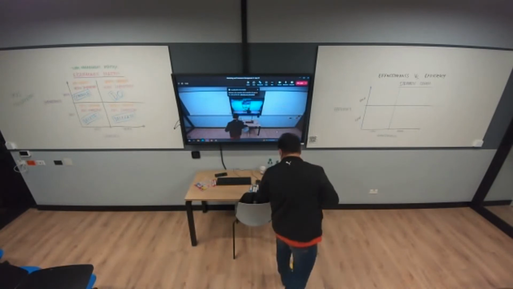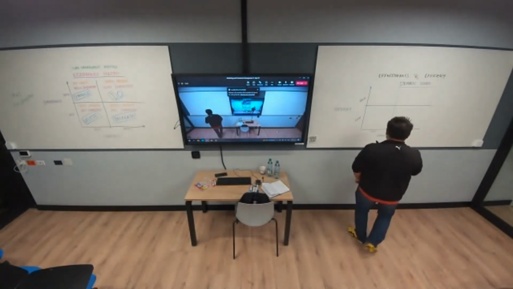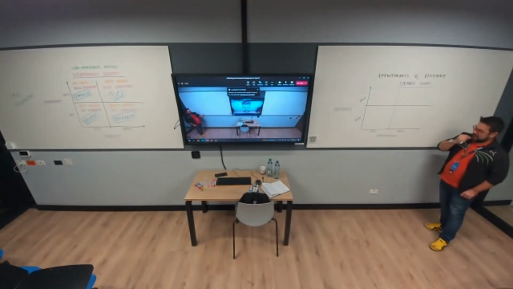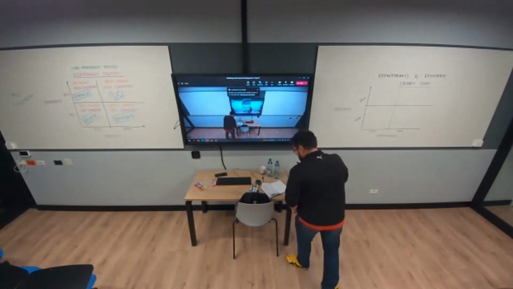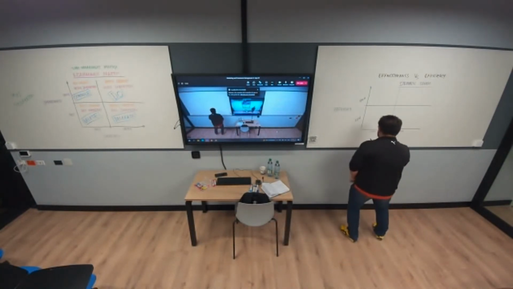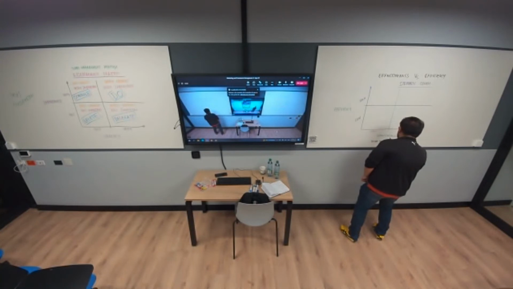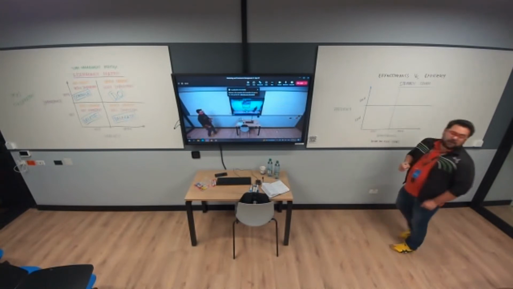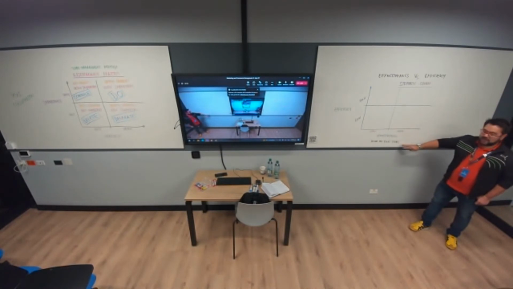But well, the definition is doing the right things. Okay, a definition for effectiveness is going to be more sharp. It's going to be doing the right things. Okay, according to Mr. Covey's definition, effectiveness is doing the right things.